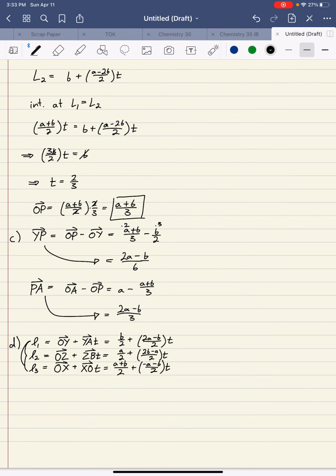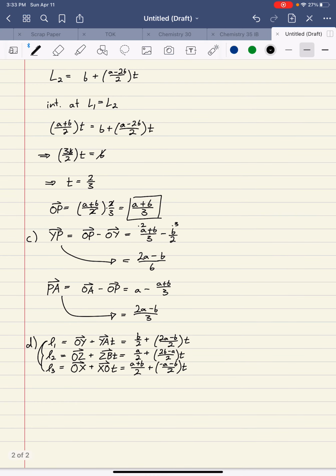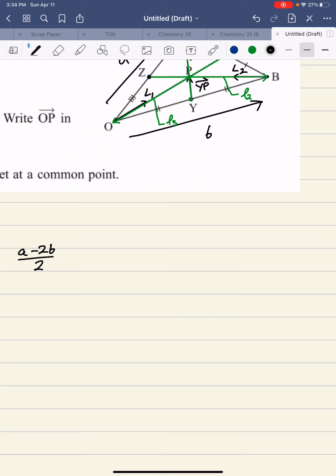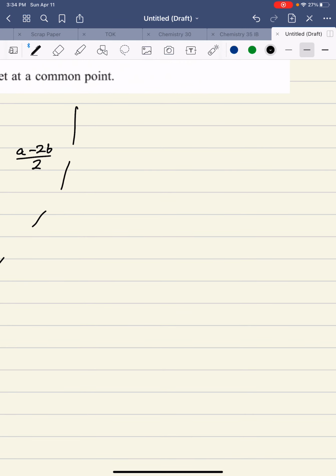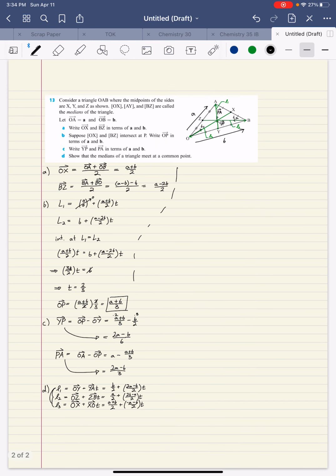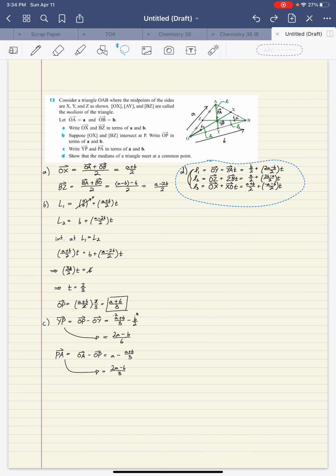Okay. First, we start with line 1 with line 2. Maybe I should put D up there so I can just do everything up there. Then I can do the dotted line.